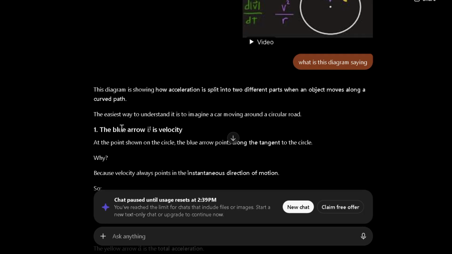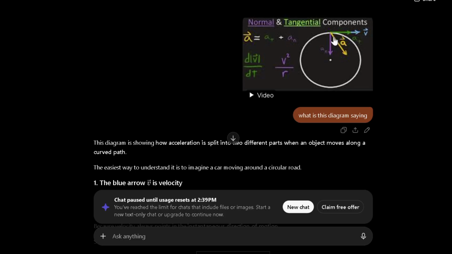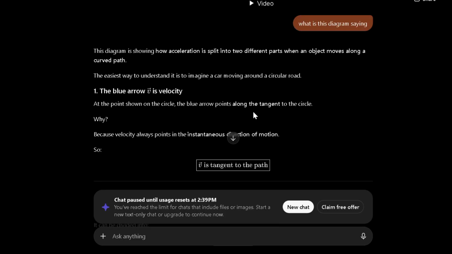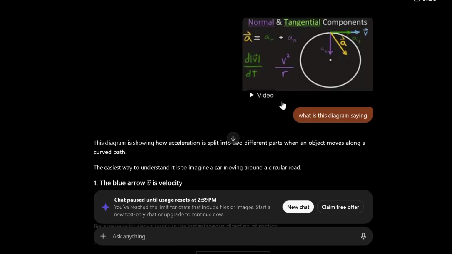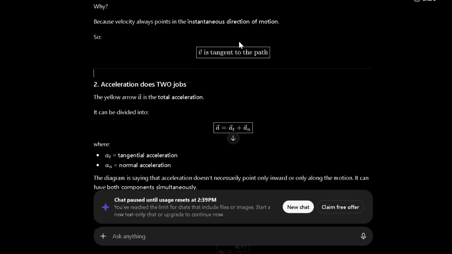The blue arrow V bar is at the point shown on the circle. The blue arrow points along the tangent to the circle. Velocity always points in the instantaneous direction of motion, so V bar is tangent to the path.